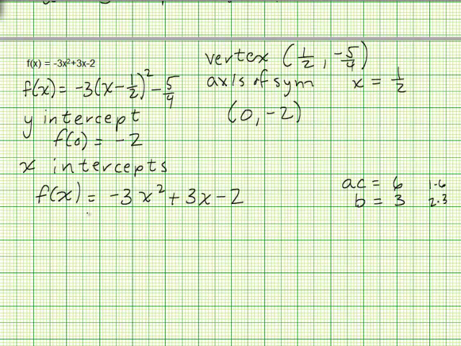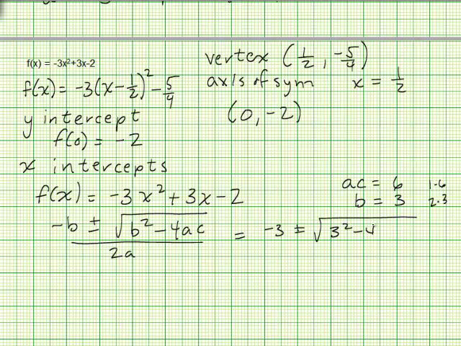So we're going to have to resort to using our quadratic formula, which is the opposite of b plus or minus the square root of b squared minus 4ac all over 2a. And that would give us -3 plus or minus the square root of 3 squared minus 4 times -3 times -2, and all of that over 2 times -3.